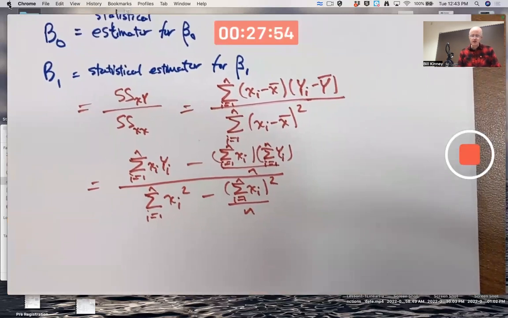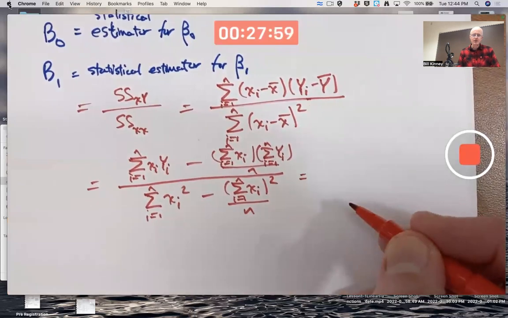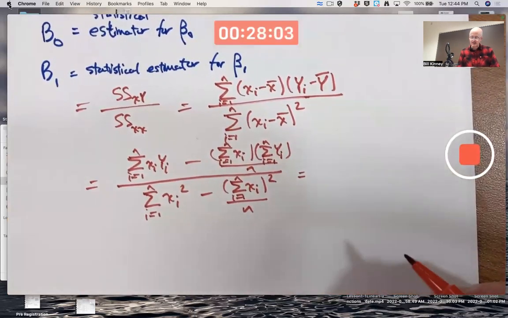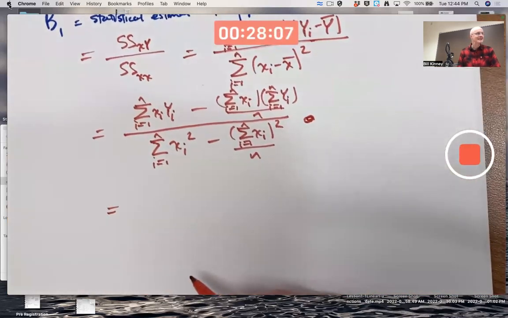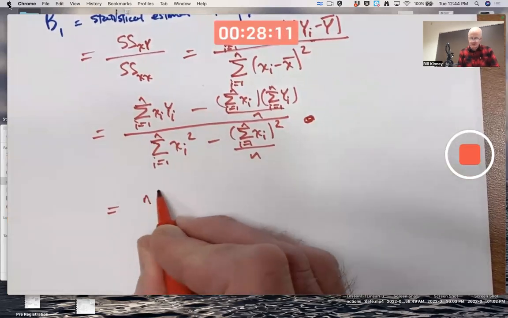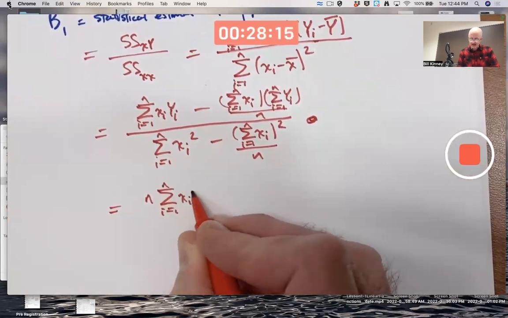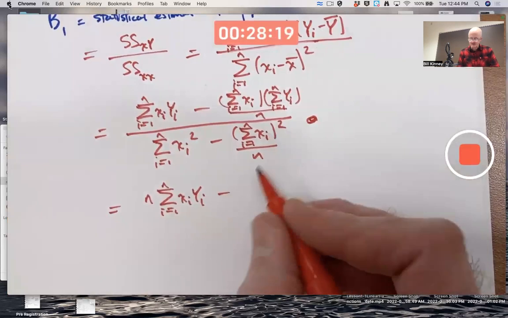And then to get the formula in the book, take this crazy looking fraction with fractions within fractions and multiply the top and the bottom by n, which doesn't change its value, because you're multiplying by 1, a disguised form of 1. So you get n times the sum i goes from 1 to n of xi times capital Yi minus the n here cancels.